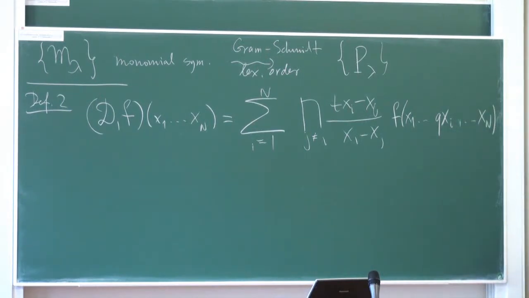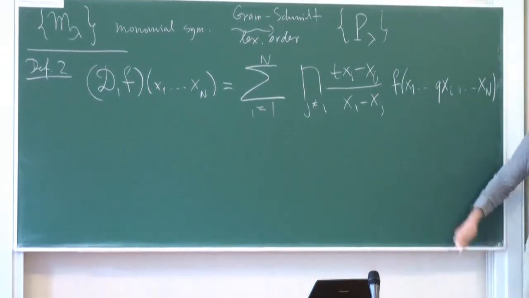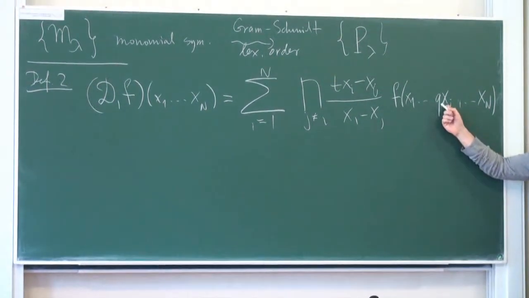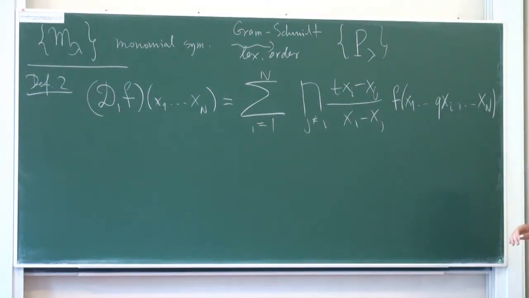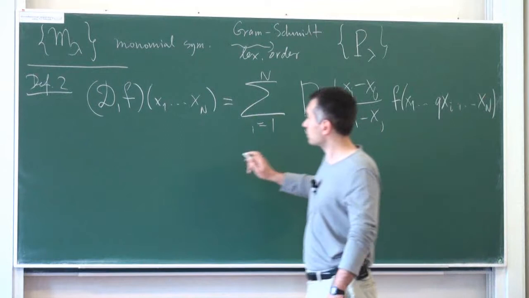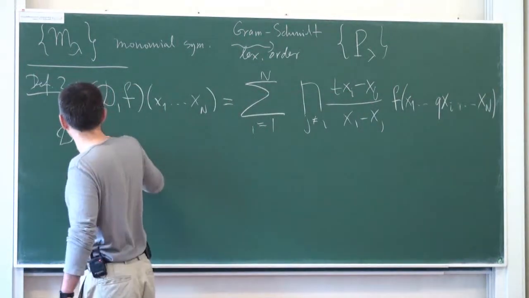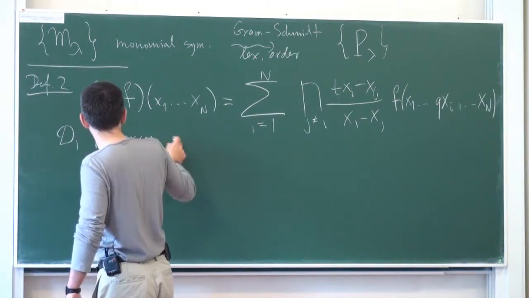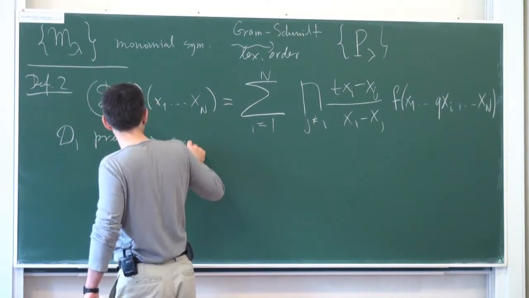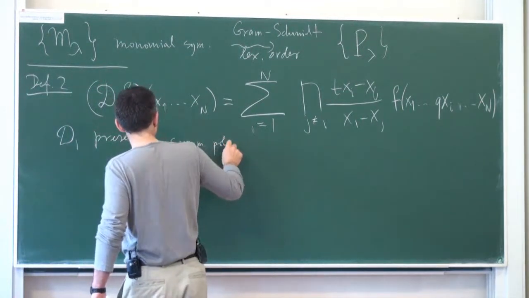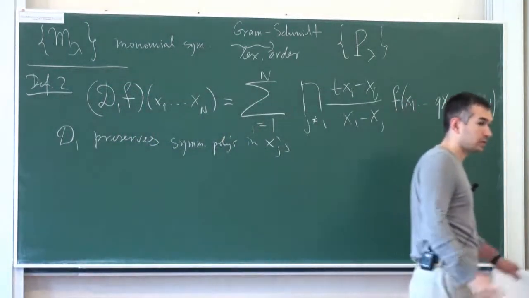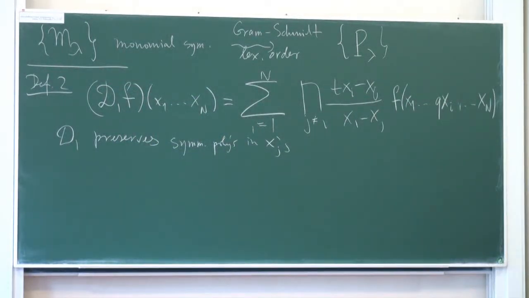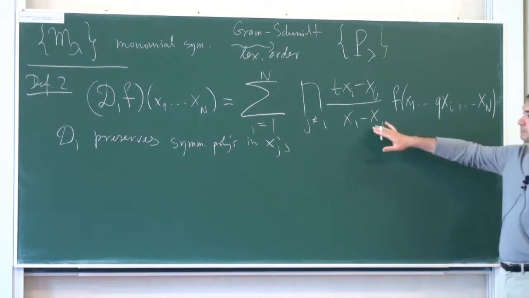So this is the first order q-difference operator. This is one variable being multiplied by q. This is a certain rational prefactor. Now it turns out that this operator D1 preserves the space of symmetric polynomials in the x's, which is not very obvious, but not hard to check, even though there are denominators here.